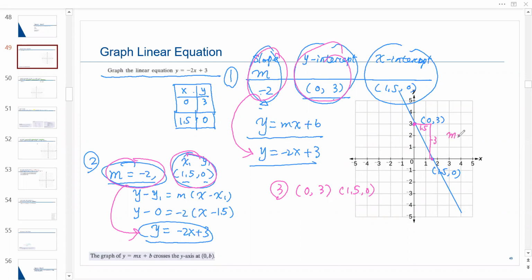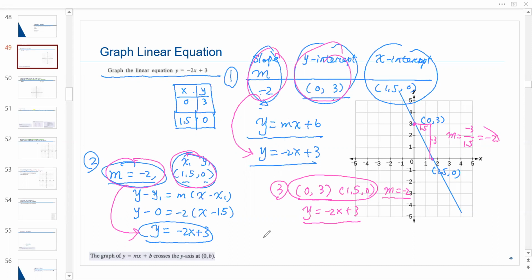So the slope would be -3 over 1.5, which equals -2. So we can quickly find the slope m equals -2. Since we have -2 and this dot, we can use the earlier step as well, so we get y equals -2x plus 3. So given any two dots, you can find the slope and then get the solution.